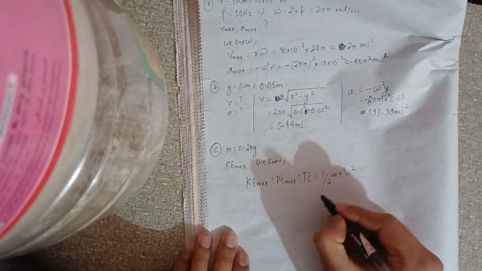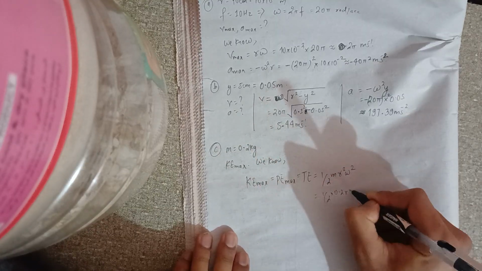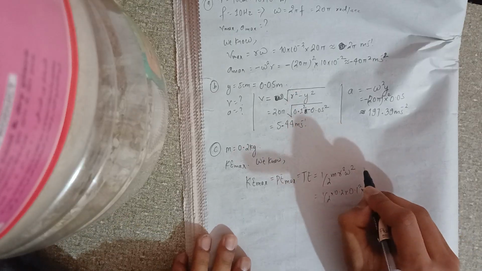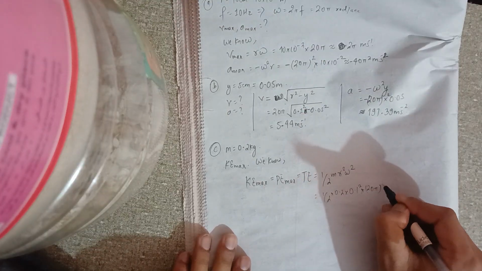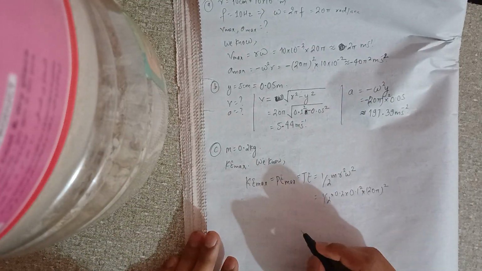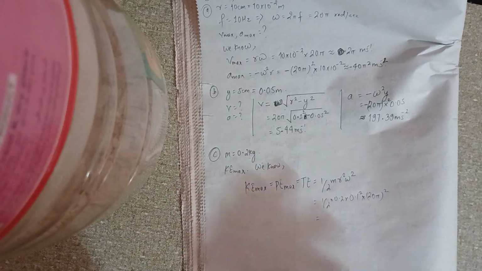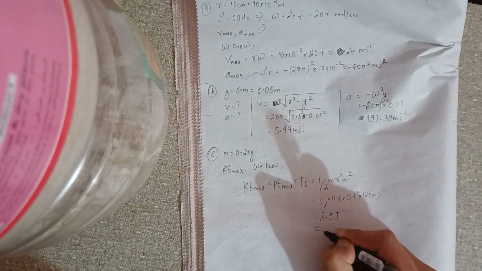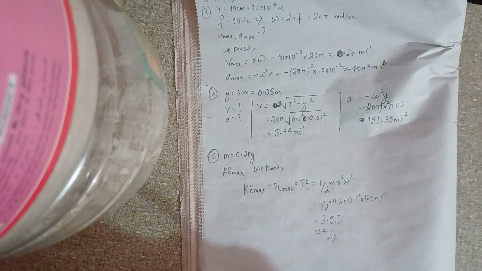You need to know this formula. So 1 by 2 into 0.2 into r squared, 0.1 squared, into omega squared, 20 pi squared. Let me put in the calculator. That should be around 3.9 joules, or you can just write 4 joules. This is the maximum kinetic energy of the body.